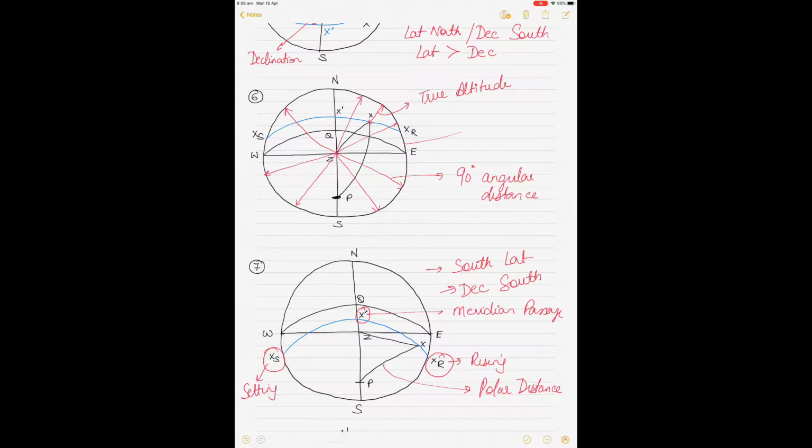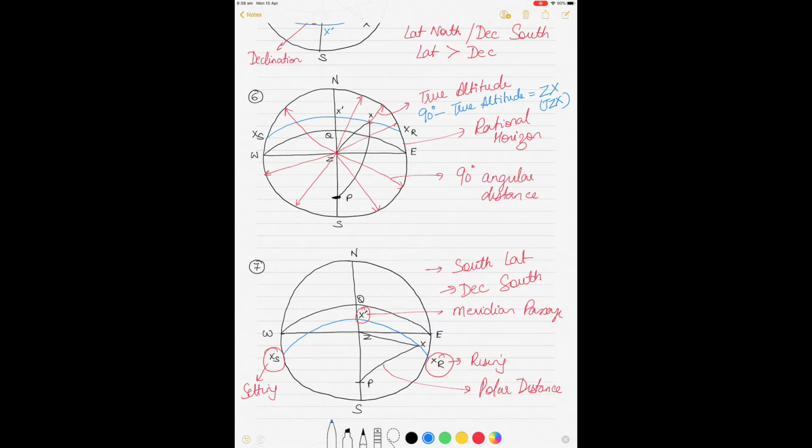So this is the rational horizon, and when you see a body rising and it moves a distance from the horizon, this distance is called the true altitude. And that's why, if I use a different pen here, 90 degrees minus true altitude gives you your zenith distance, or true zenith distance.